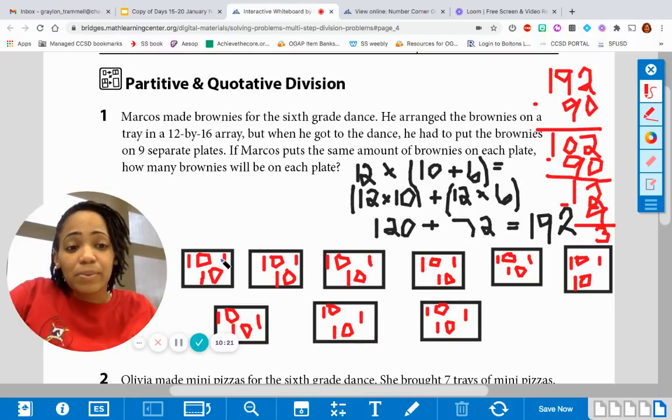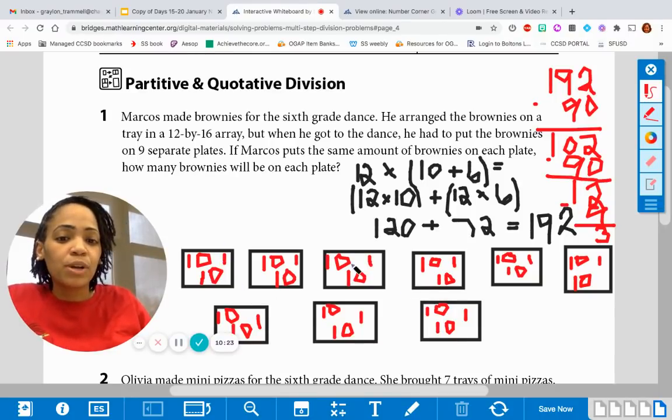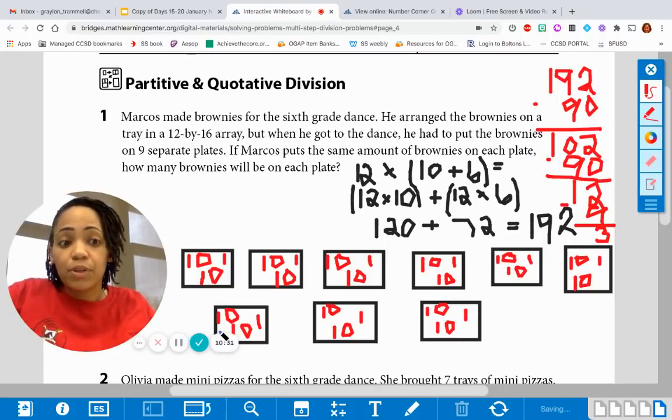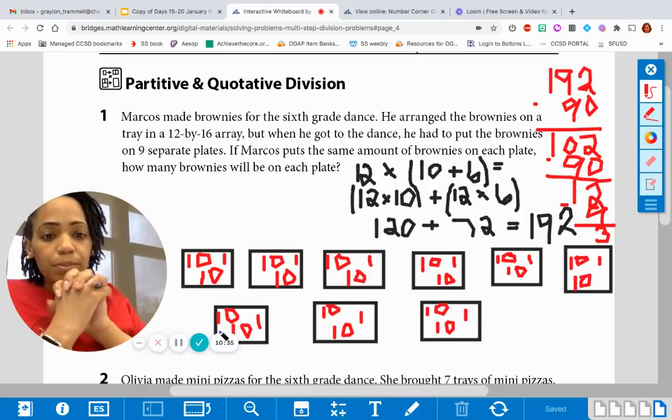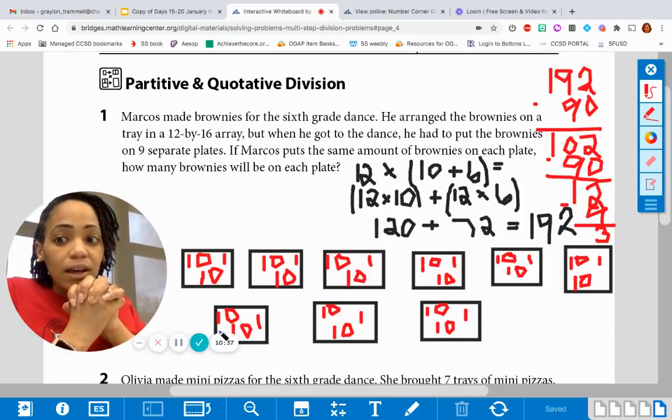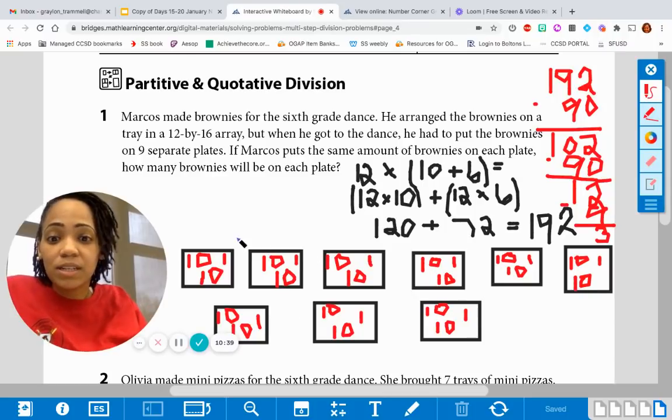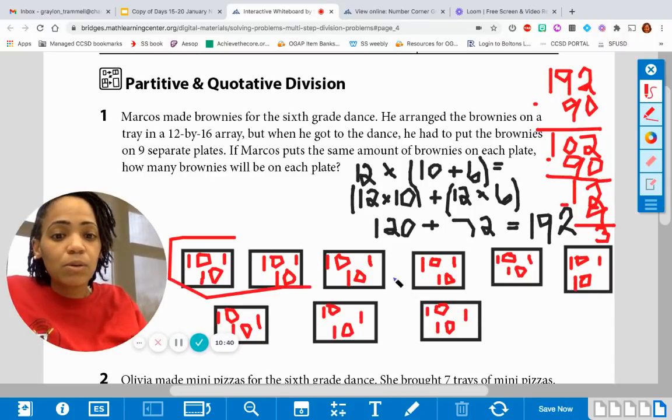So maybe we could put, let's see, if we put a fourth in each one, that would give us one whole brownie here and one whole brownie here, but we'd still have 3/4 left. So we don't want to put a fourth in each one. What if we put maybe a third in each one? So this would give us one whole brownie.